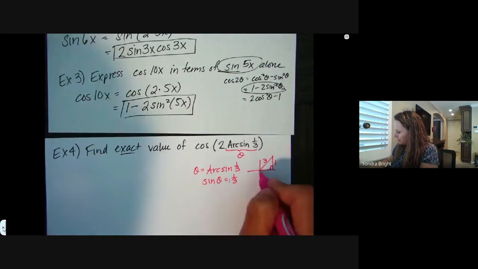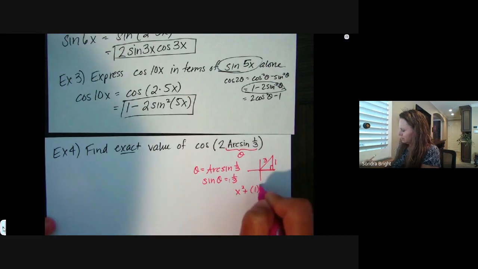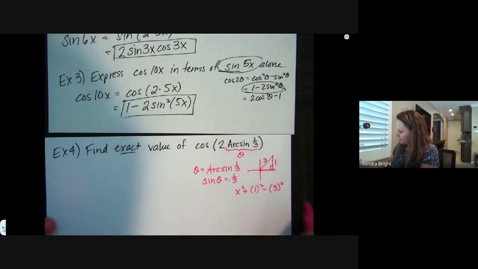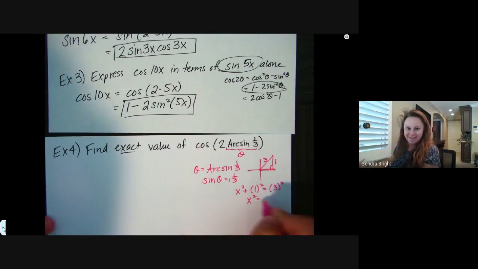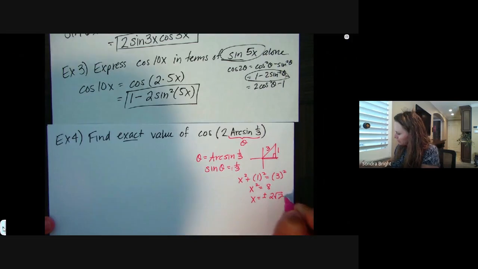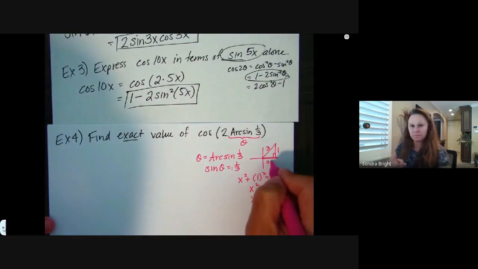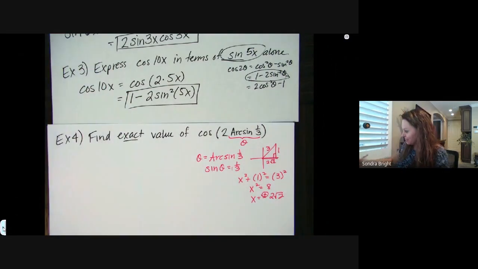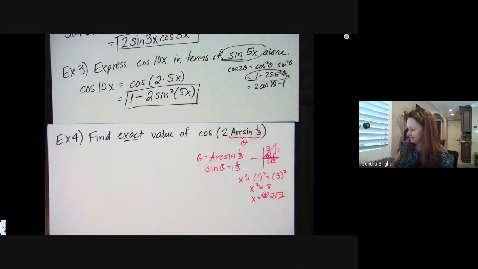X squared plus 1 squared is equal to 3 squared. So x squared would be 9 minus 1, so 8. So x is equal to technically plus or minus root 8, which is 2 root 2. I'm going to choose the plus sign though because I'm in quadrant 1. So 2 root 2. Okay, so that's all the information I need for theta, right?